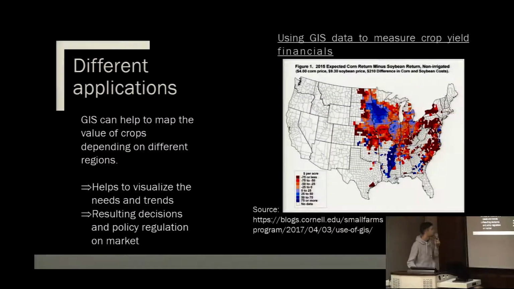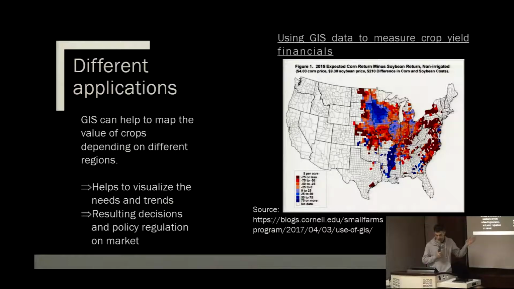And so here finally it's another application. It's more about financial. It's to show you that we can use it for a different purpose too. So here it's the map of the United States, as you recognize, and so this is a map which shows the crop yield financial.